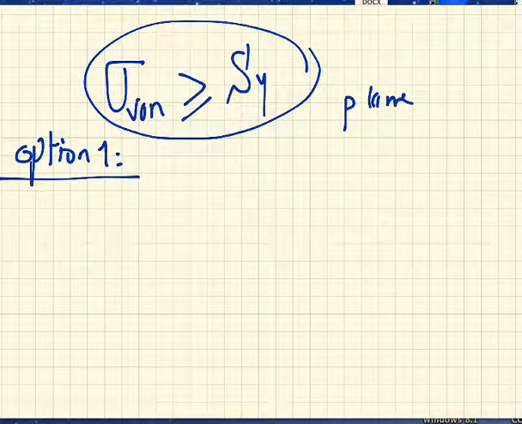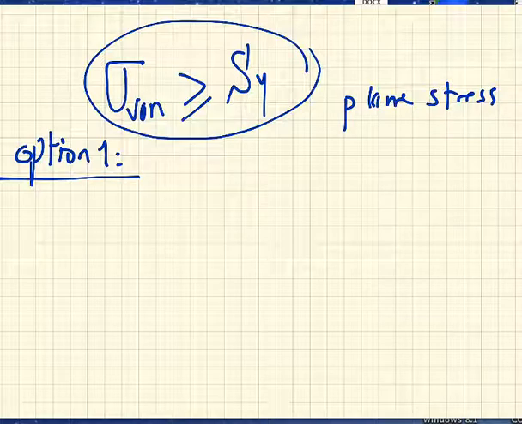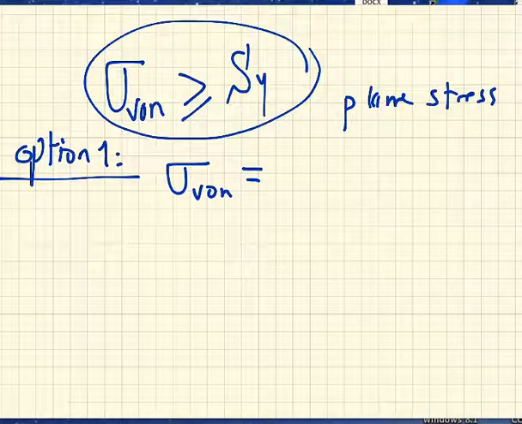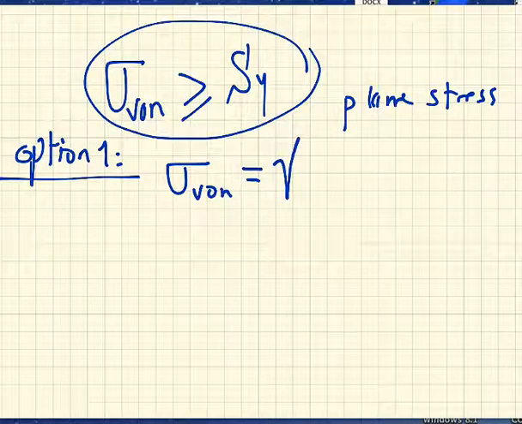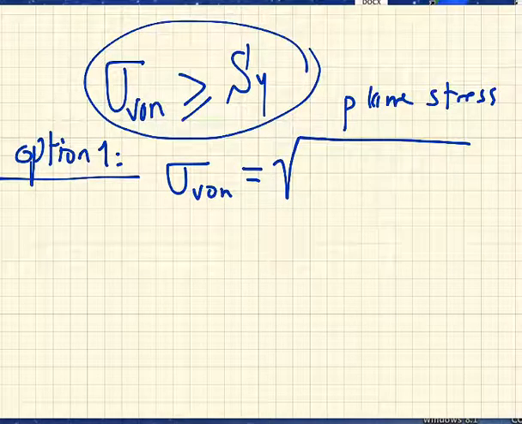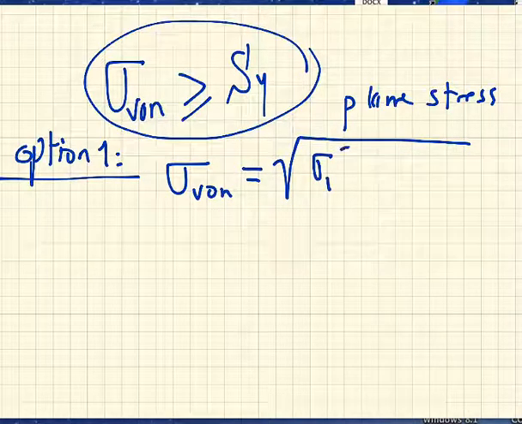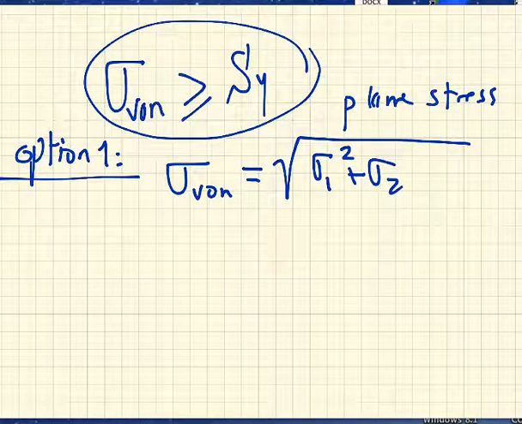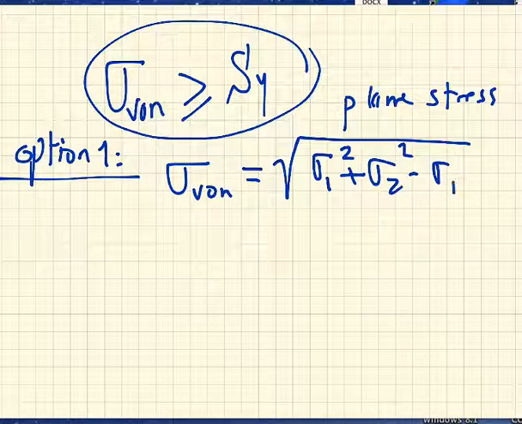Let's say plane stress. This is kind of more common. Then sigma von Mises is going to be equal to, in this case we have 2 stress components, the square root of sigma 1 squared plus sigma 2 squared minus sigma 1 sigma 2.